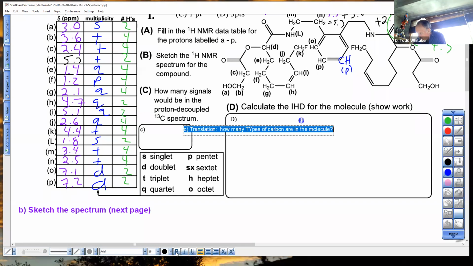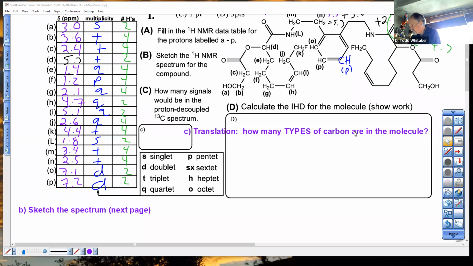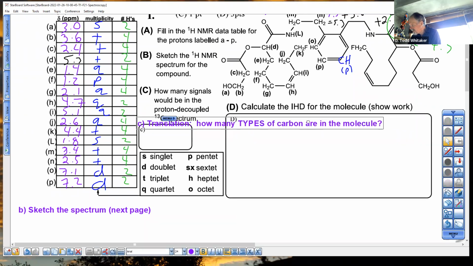There are people that have devoted their lives to C13 spectra, and there's a lot more you can do with NMR spectra, proton NMR spectra too. There's an amazing field. Types, I wanted to be all caps. Remember, if there's symmetry, then you have to account for that. There's my C translation right there. I think we can read it.